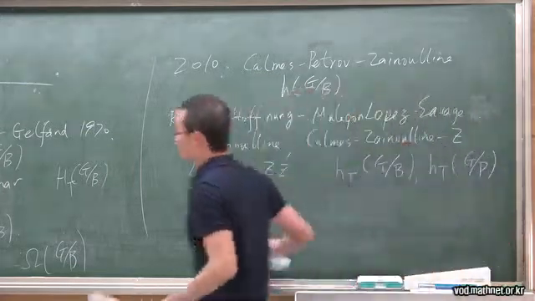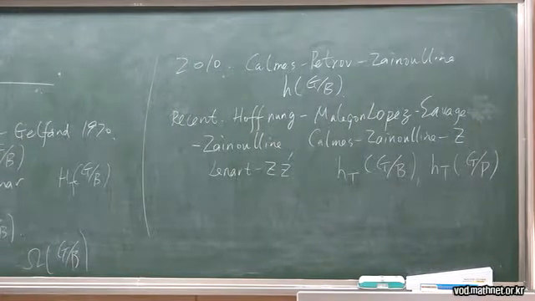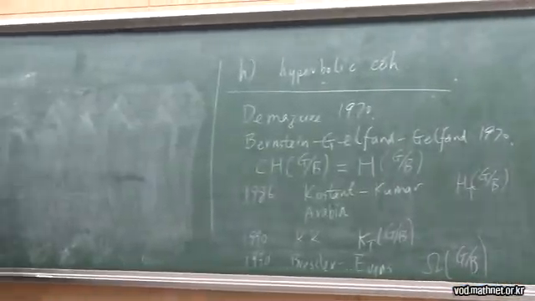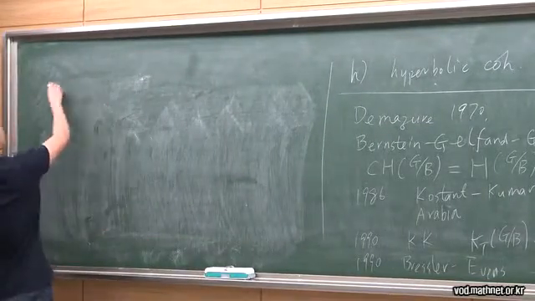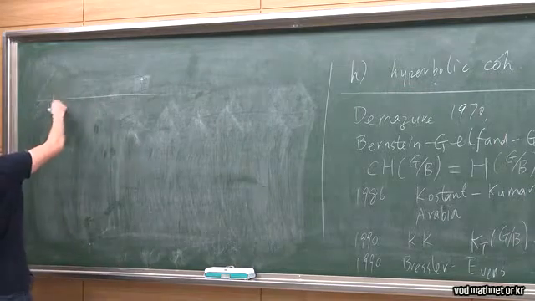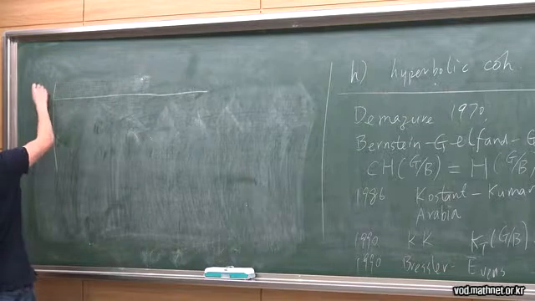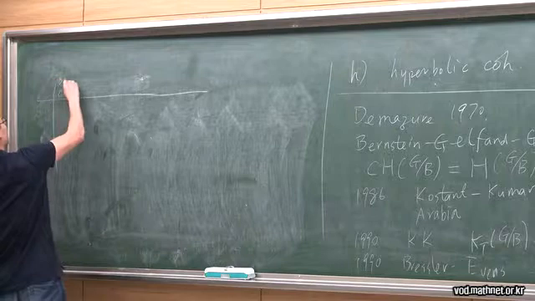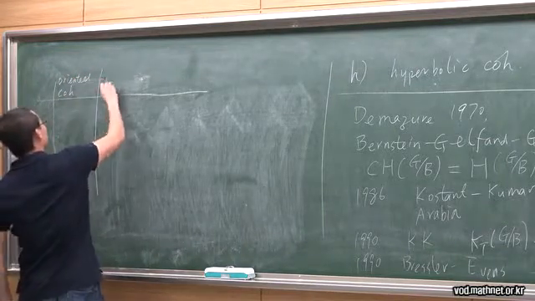And maybe I can sketch this table, which will explain the relation between our work and previous works. I will explain some of the notations in the table later, but let me just sketch it. So if you consider a cohomology, then you can consider the corresponding formal group law.